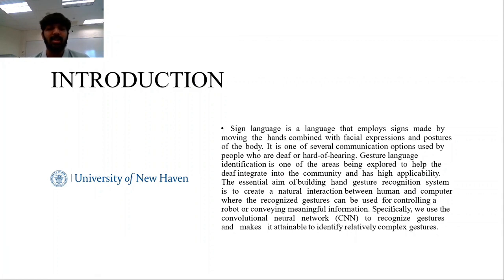Gesture language identification is one of the areas being explored to help the deaf integrate into the community and has high applicability. We use a CNN, a convolutional neural network, for recognizing the gestures, to identify many complex gestures, and we have a big, vast dataset.